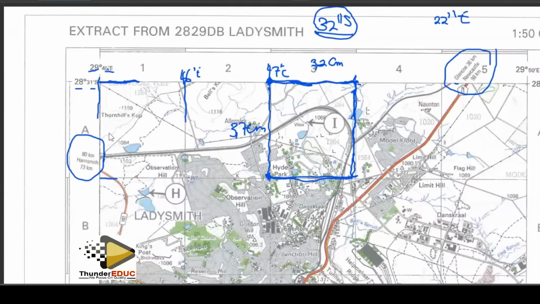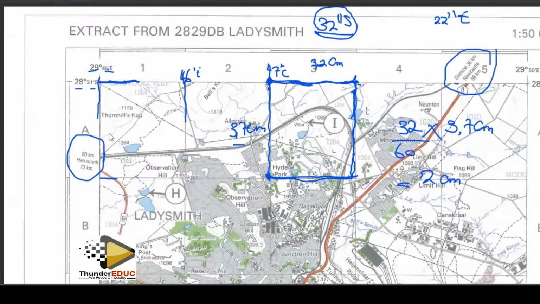So we are saying it's 32 seconds out of 60 seconds as a fraction of the distance that we have got from the first latitude to the next latitude, times 3.7 centimeters. What are you going to get there? If you say 32 over 60 times 3.7, from my calculation, I got approximately 2 centimeters.